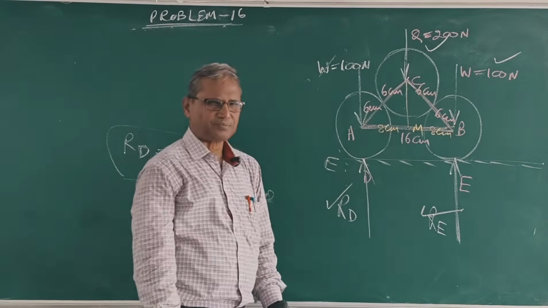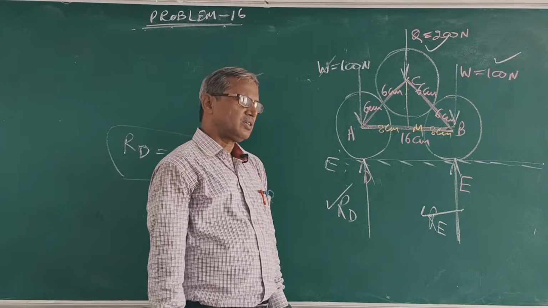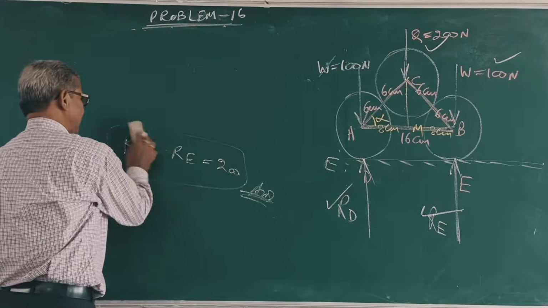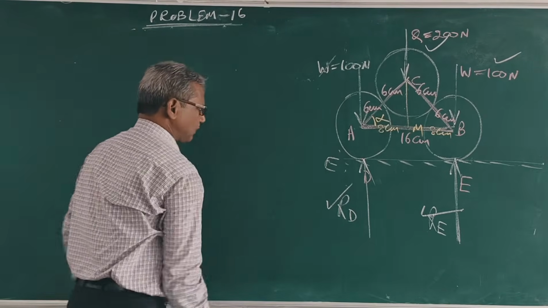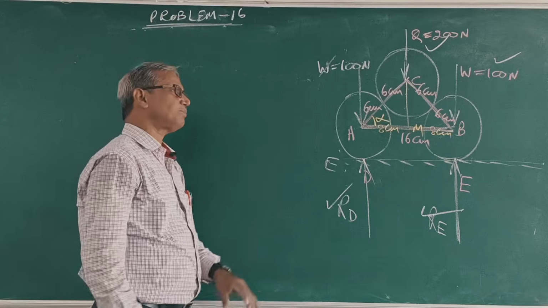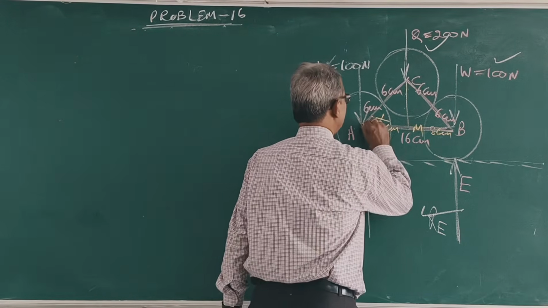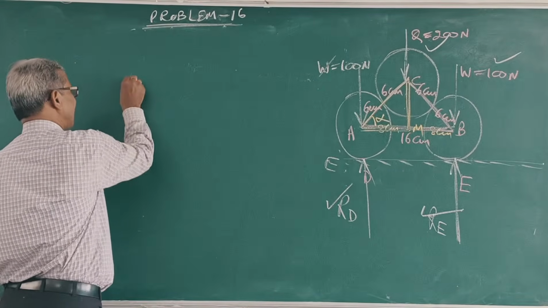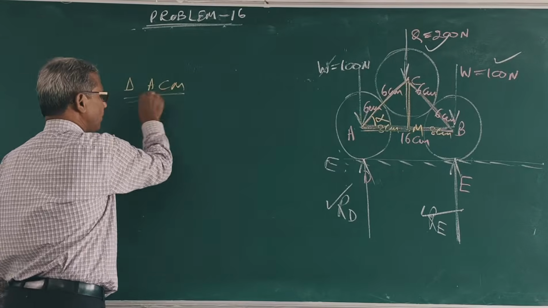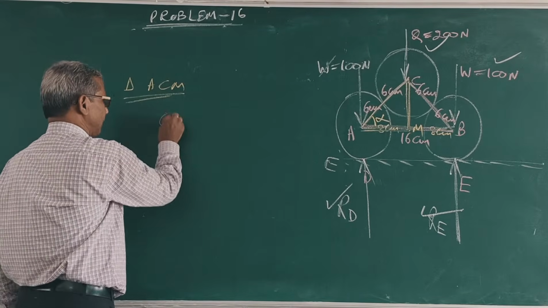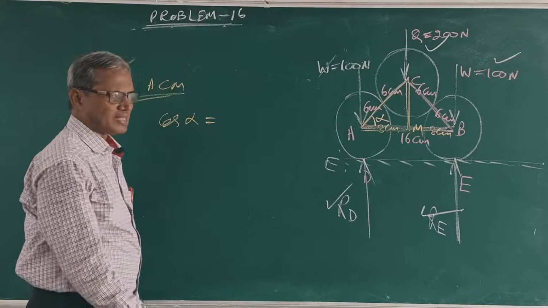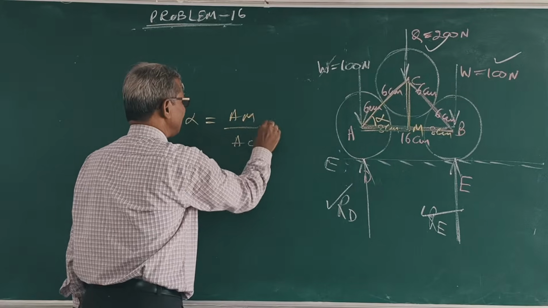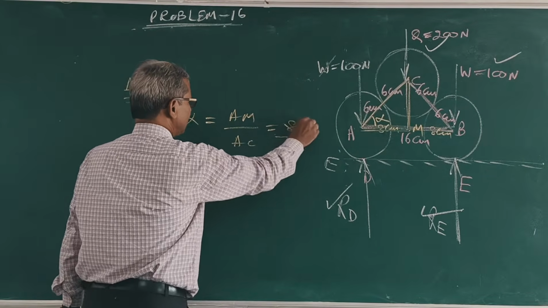Clear? From the figure, suppose this angle is alpha. First find out the value of alpha. In triangle ACM, what is cos alpha? Base by hypotenuse, AM by AC, 8 by 12, which is 2 by 3.